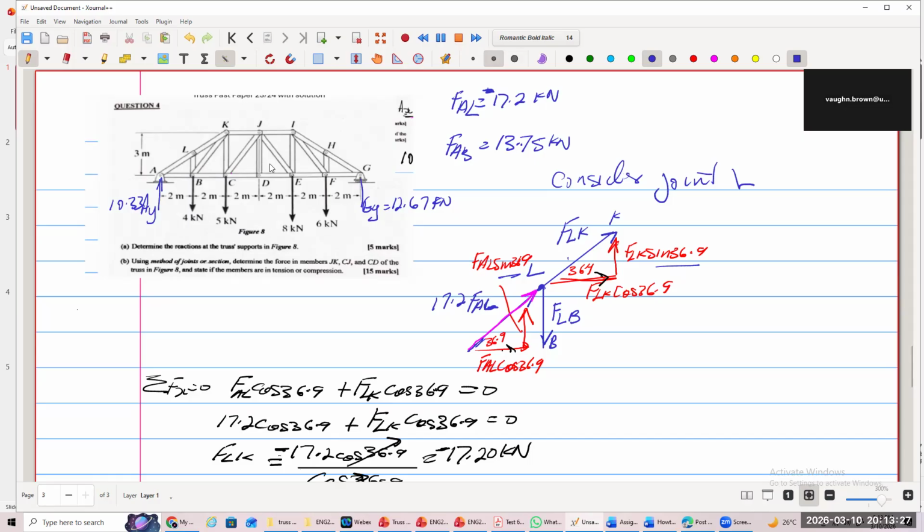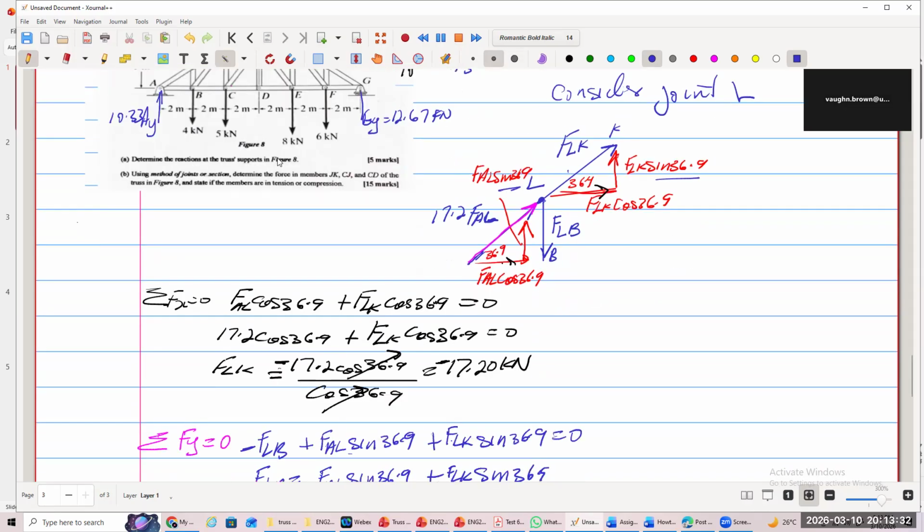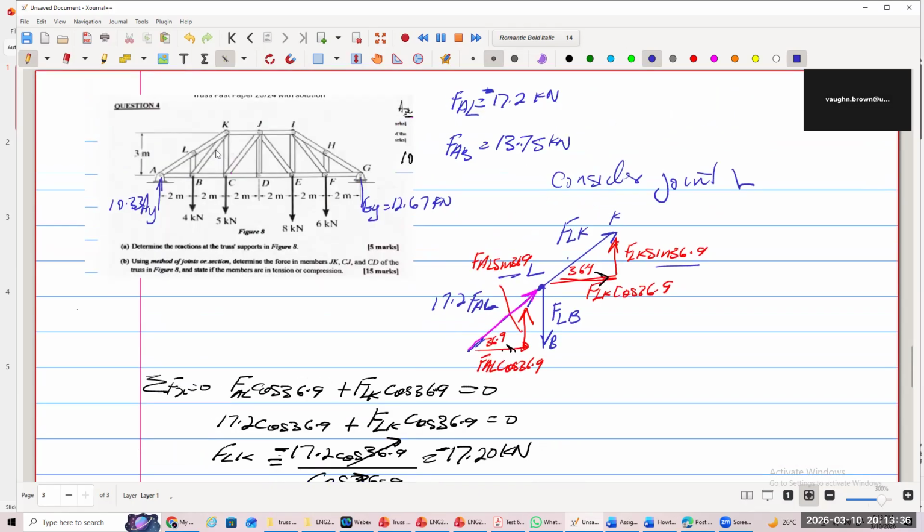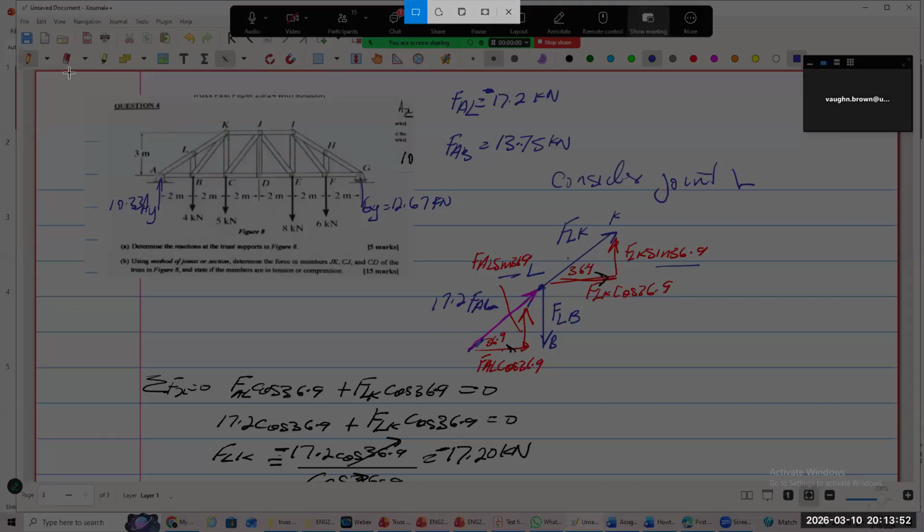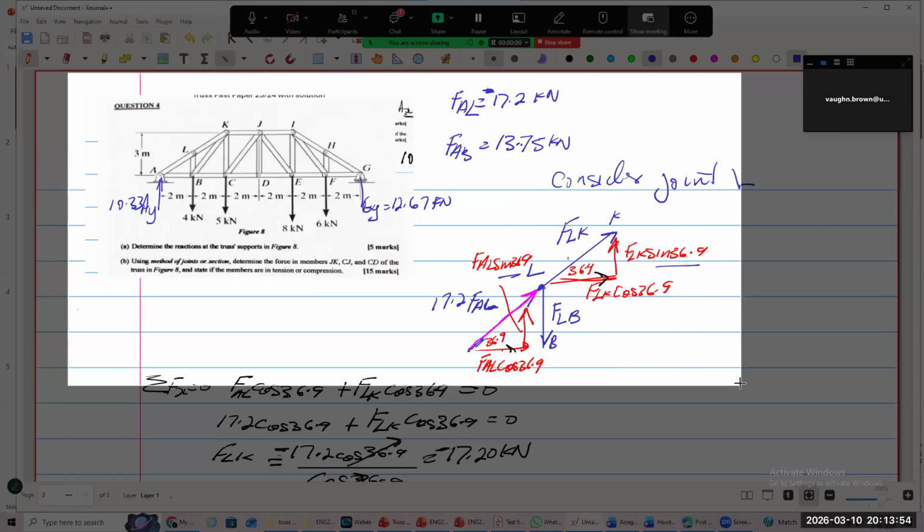So which other joint is a good joint to choose? In the interest of time, we're going to choose joint B, because we're still working our way up to these. But we may have to stop and use the method of sections because of time. I am going to consider joint B now. So I'm going to take down all the information that I have right here, and I'm going to go again.